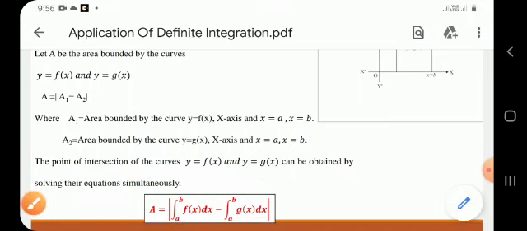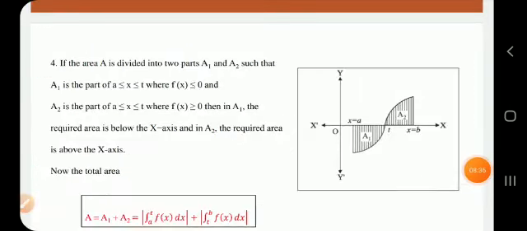Let's go with our next point. In the next case, we consider the area divided into two parts. Everyone see this figure.